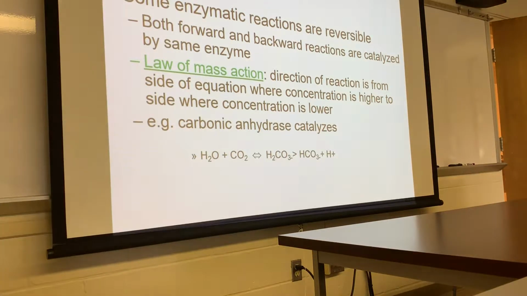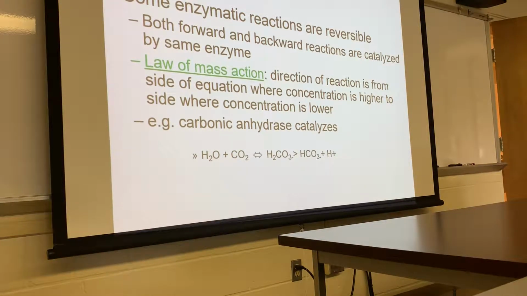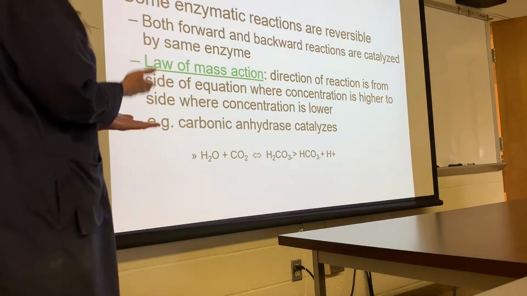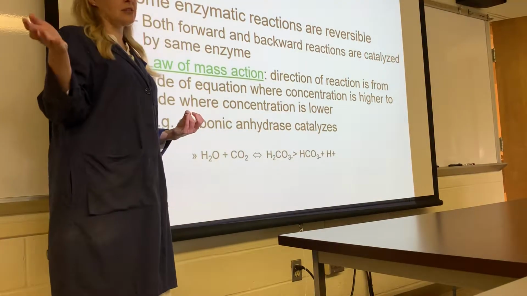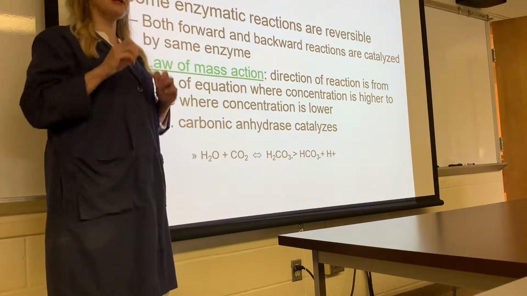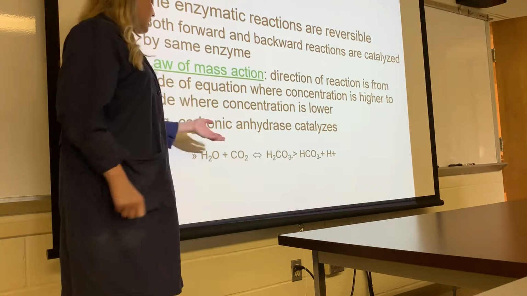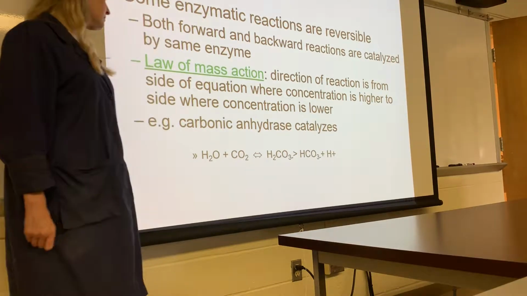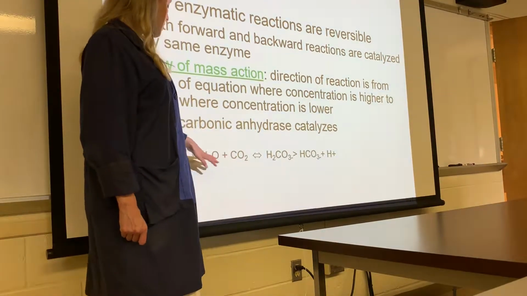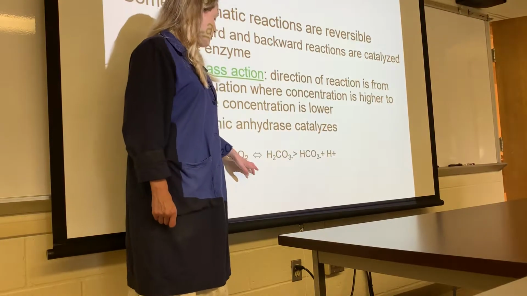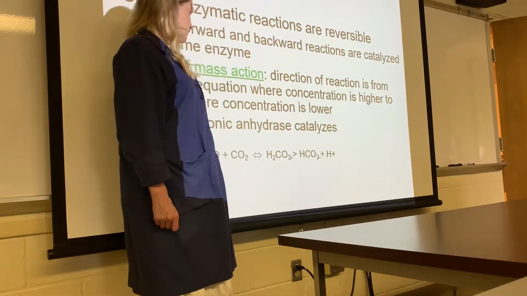Our cells take in oxygen, they make energy, and they produce carbon dioxide as a byproduct of making ATP. And carbon dioxide is going to diffuse out of the cell, go into the bloodstream, where it can combine with water. And the water, of course, comes from the plasma, and that can form carbonic acid.